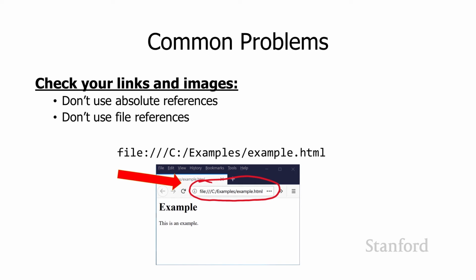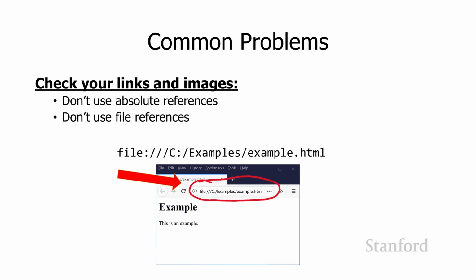Remember, absolute references are references to specific locations on specific computers. If you were testing on your laptop and you had absolute references and now you move it to your web hosting service, like for example, Stanford, those files are now in a different location. So those absolute references are now absolute references to your original laptop. They are not absolute references to the new location of the file.